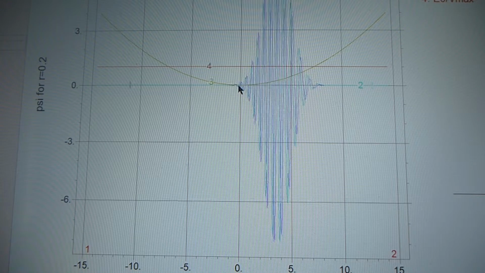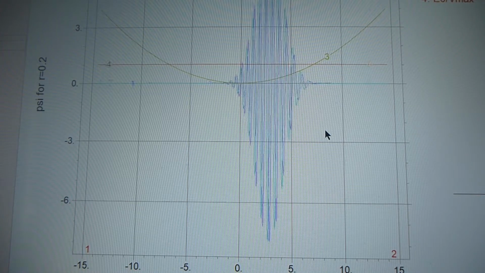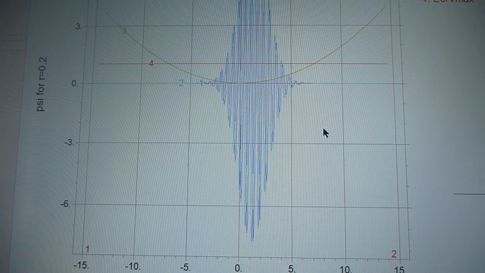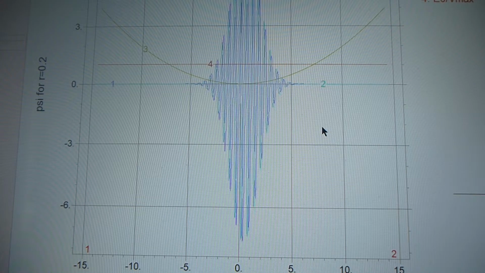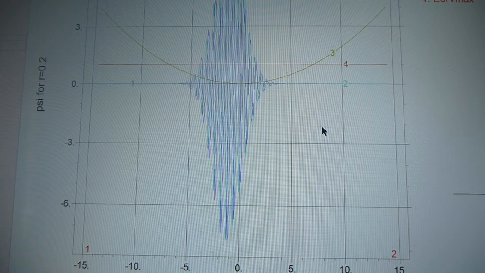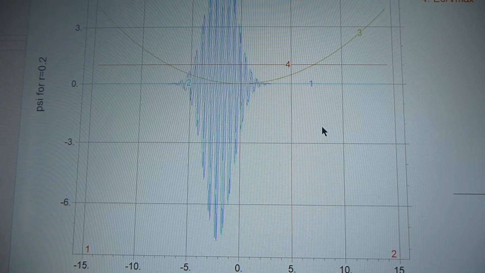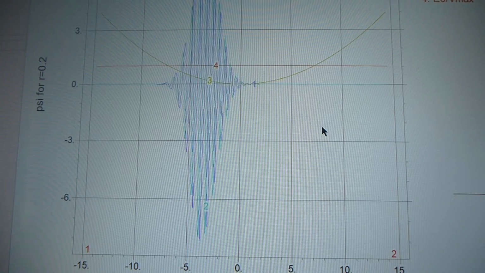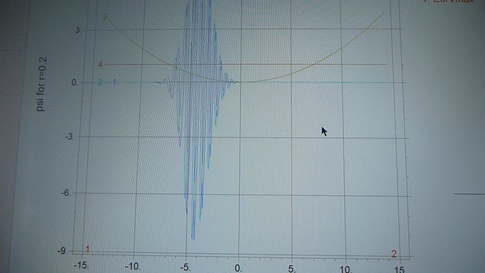And then we're going to go another half cycle. At this point we have completed a half cycle, and we're going to go another half cycle and turn around and come back. So this is the case for a fairly wide starting Gaussian wave packet.